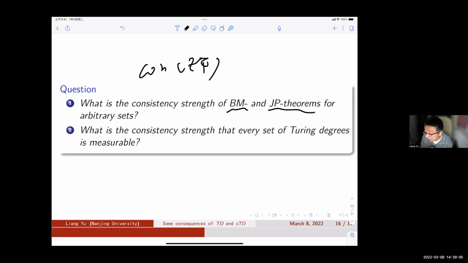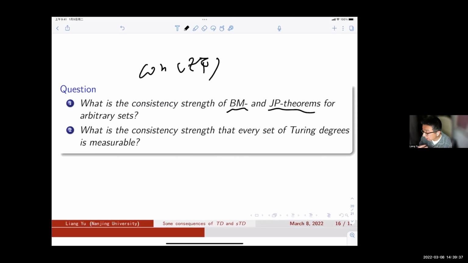Also there's another question, maybe not related to this, but very interesting to us. What is the consistency strength of every set of Turing degrees being measurable? By Solovay and Shelah's result, the consistency strength of measurability for sets of reals is equal to the consistency of ZFC plus an inaccessible cardinal.